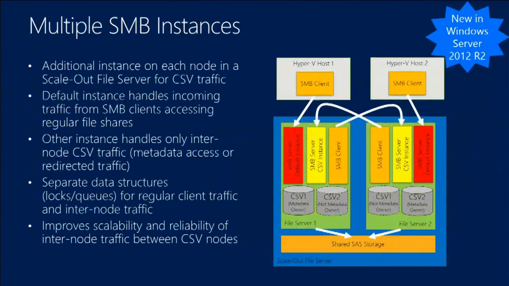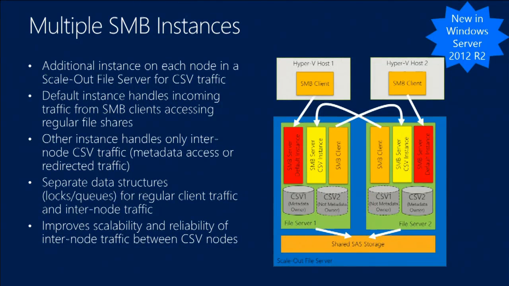And in R2, again in the spirit that multiple things are using SMB at the same time, we now have a special SMB channel between the nodes of a cluster. So we have what we call a CSV instance for SMB. When one node of the cluster talks to the other node, like a back channel conversation, those nodes use a dedicated instance of SMB.